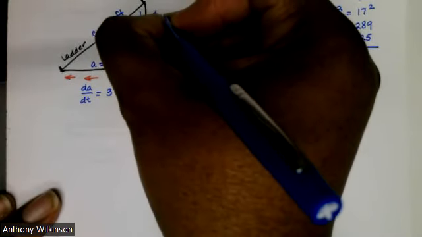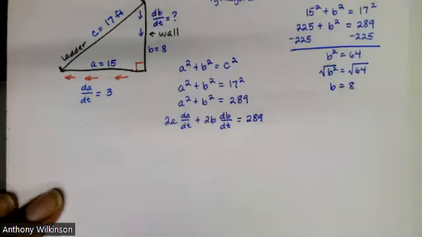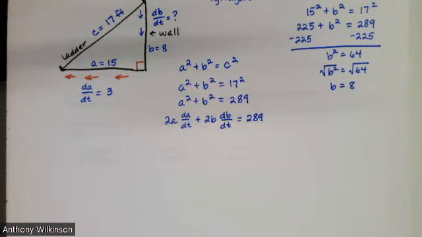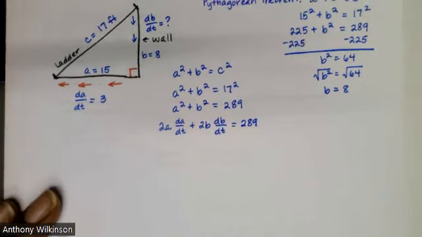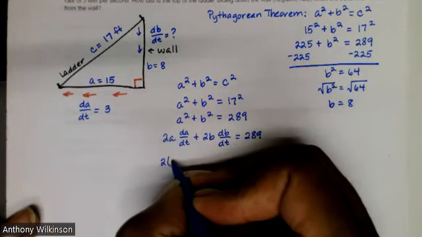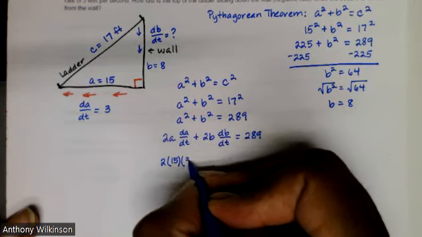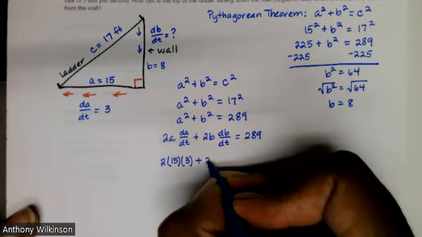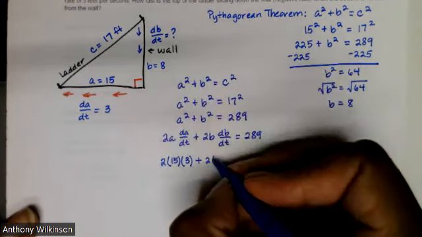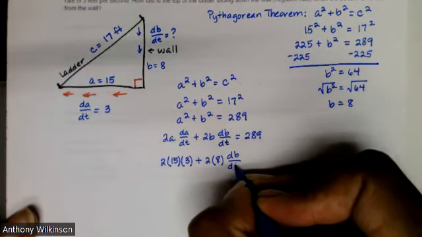In other words, we're looking for dB/dt. We want to know what that is. Now let's do some substitution here. 2 times your A, which is 15, times dA/dt, that's given to be 3, plus 2 times the B, which is 8, times dB/dt, what we're trying to find.